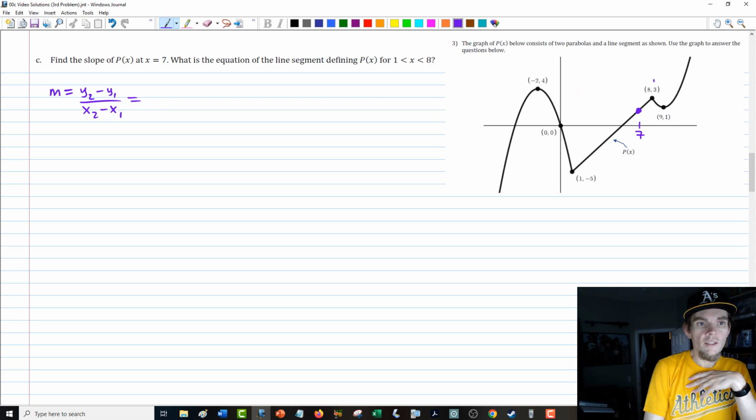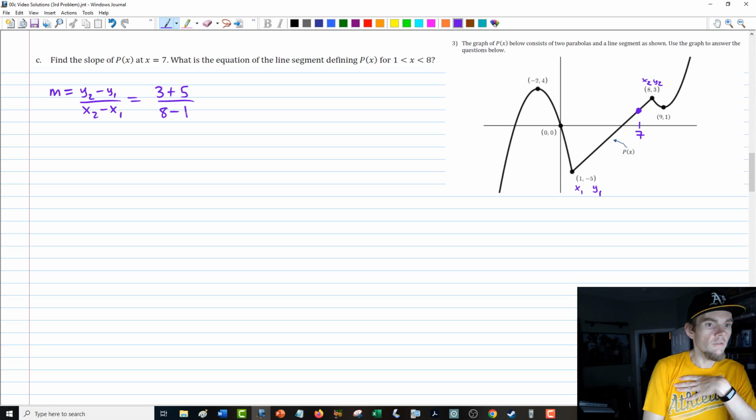I'm going to let this be y sub 2 and x sub 2, and I'll let this one be x sub 1 and y sub 1. So plugging in, we've got 3 minus a negative 5 over 8 minus 1. Notice I'm being very careful with the ordering here. I've got negative 5 and 1, or excuse me, negative 5 and, did I do that right?